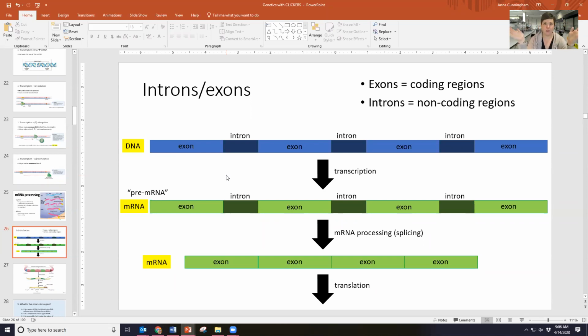They will not contribute to the overall phenotype. So remember, the exons are nucleotides that will eventually be transcribed into coding segments, portions of the mRNA that will directly contribute to translation of protein. Whereas introns are segments of DNA as well as pre-mRNA that do not contribute to codons and therefore protein.